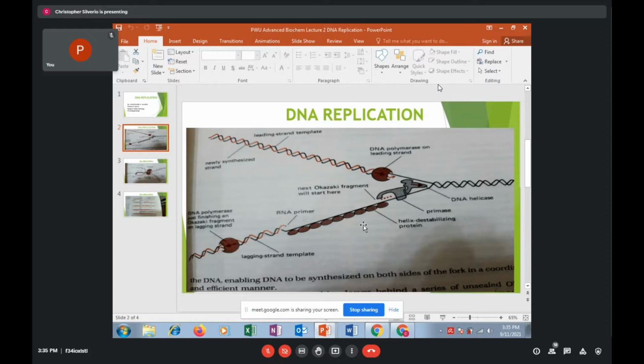Michaela Alabado? Michaela, are you in? Yes, po. Yes, Doc. Can you give me the three components of the nucleotide or the DNA? What are the three components of the nucleotide?